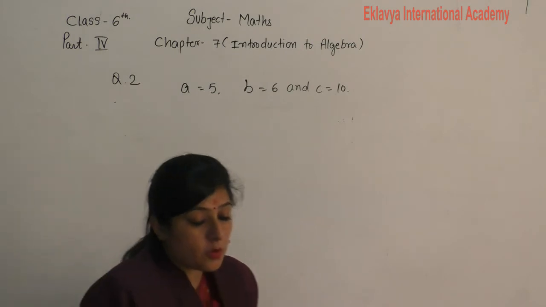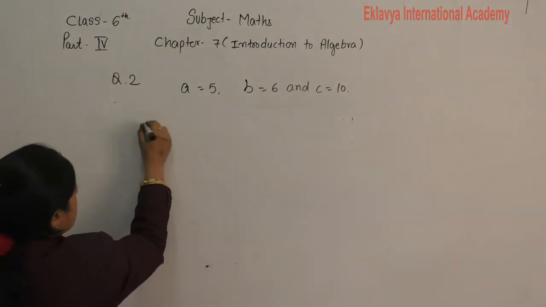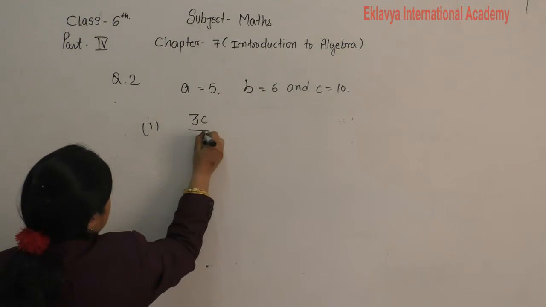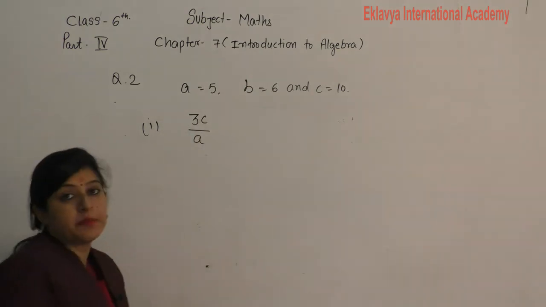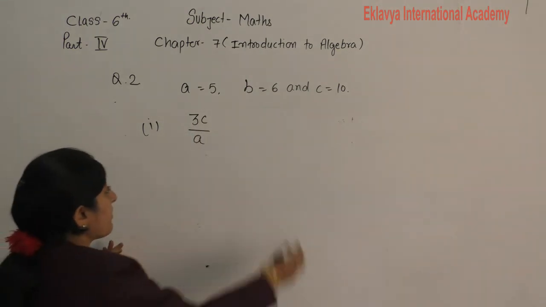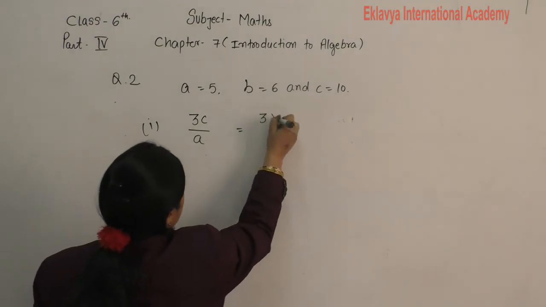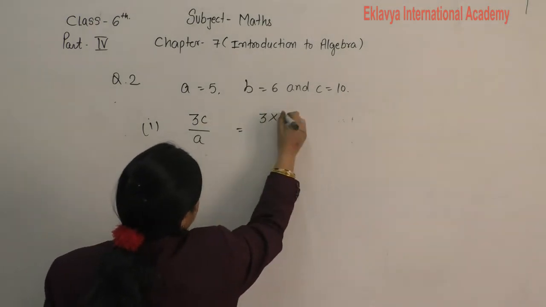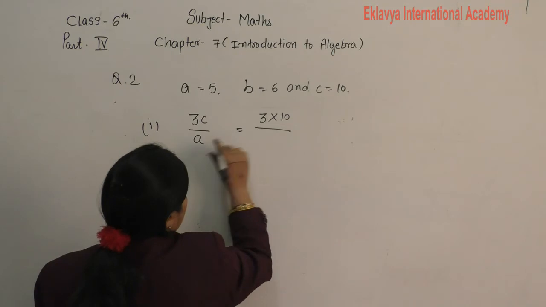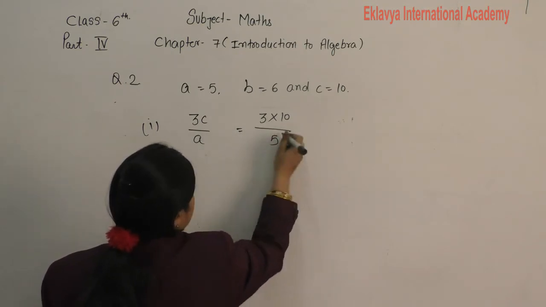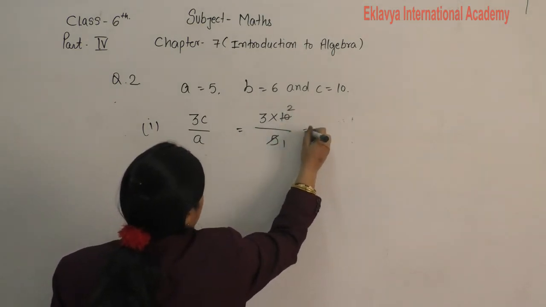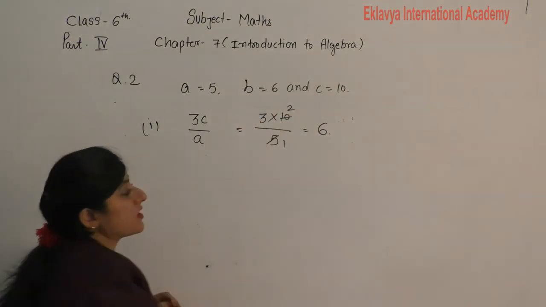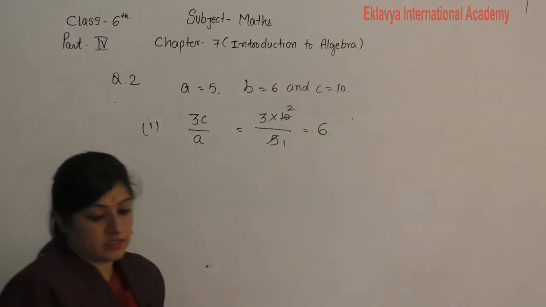Find the value of the first algebraic expression given to you, 3C by A. So what will we do? We will put the value of C in the numerator and the A value in the denominator. Then we can solve it and we get the answer 6.